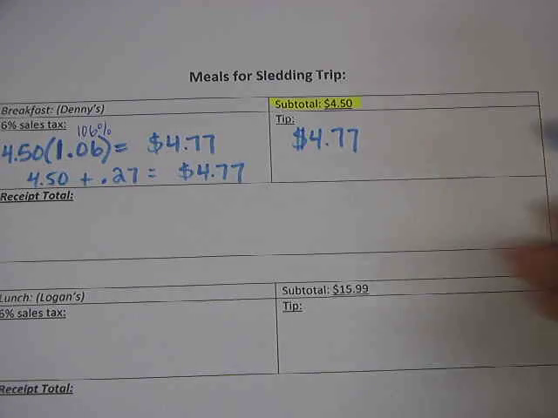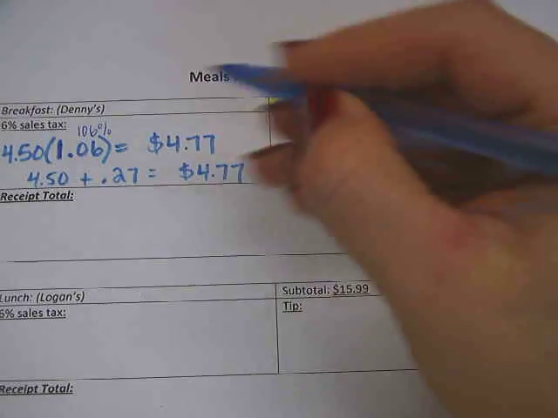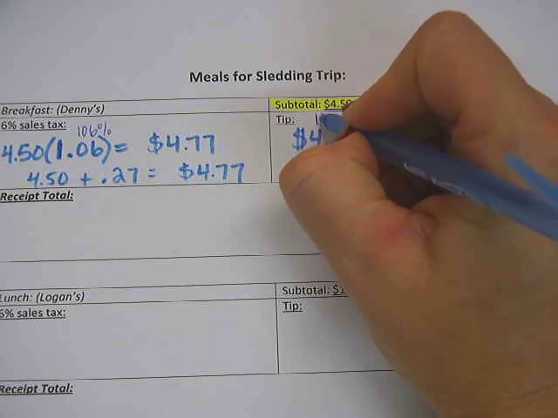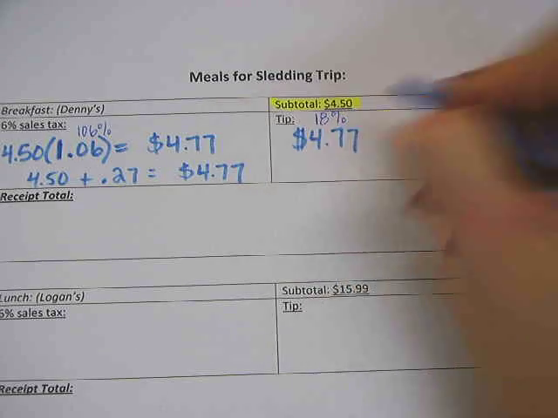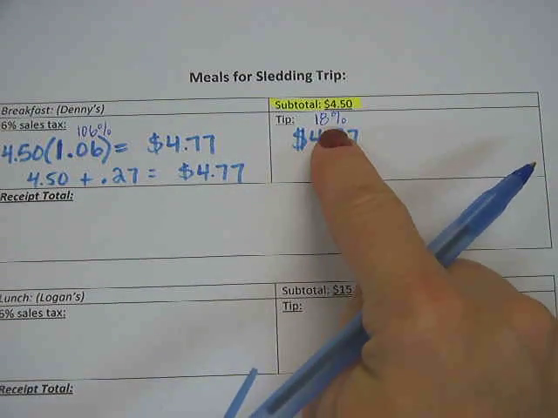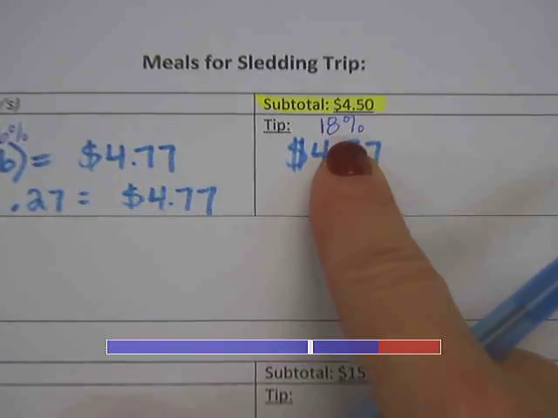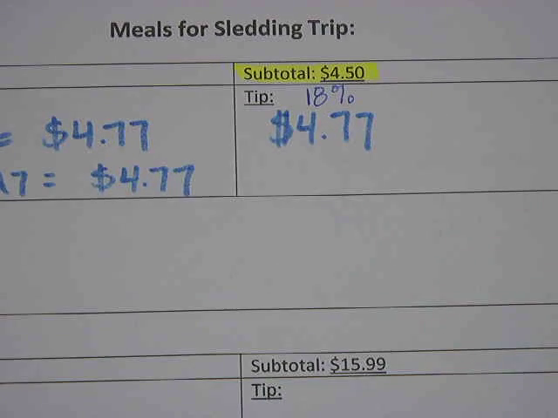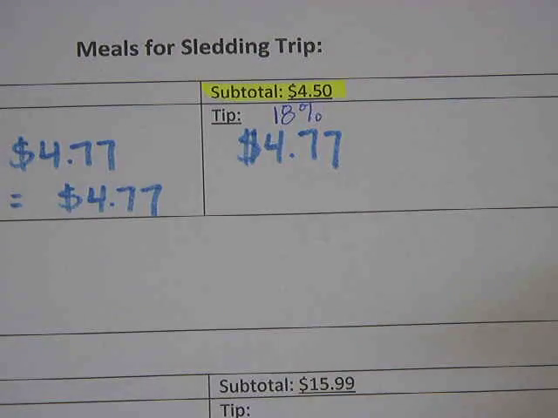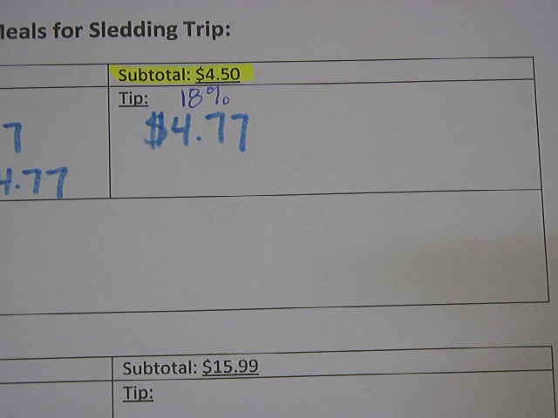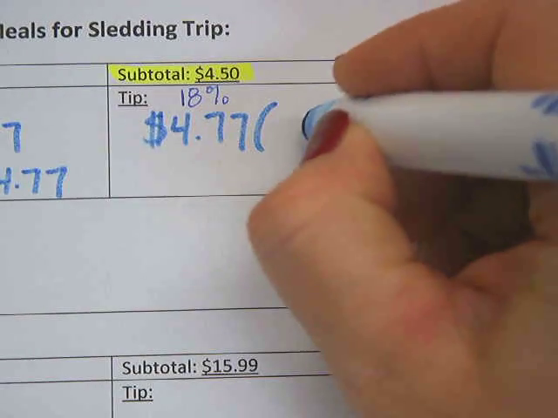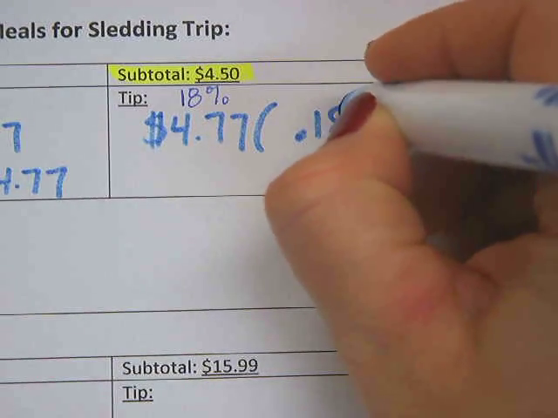Okay, so tip, for all of these problems, let's say they're better than average. So average is 15%, outstanding's 20%. Let's do 18% tip for all of these problems. Okay, so if you just want to know how much you need to leave on the table just to cover the tip, not the bill, we would multiply by 18%.